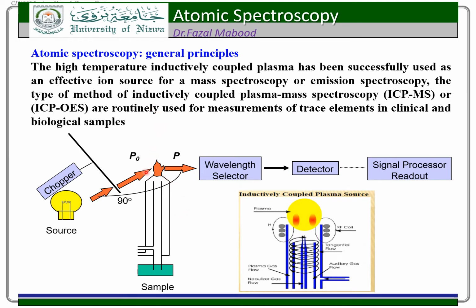Here you see this is the inductively coupled plasma. You know plasma; later on I will explain what is meant by ICP and what is meant by plasma. Here this is the light source, and this is the atomizer, and here the atomizer is in the form of plasma, and this is the wavelength selector, and here you see the detector and signal processor.